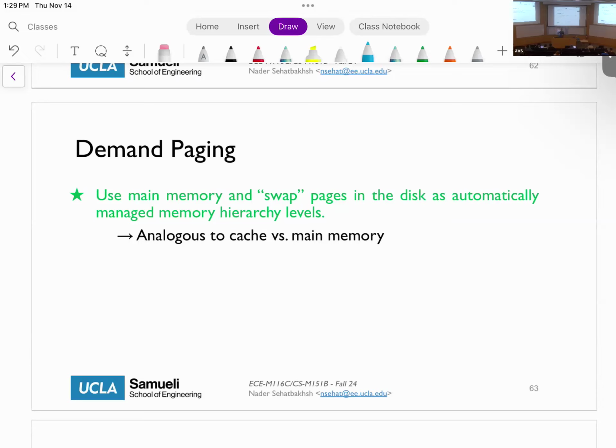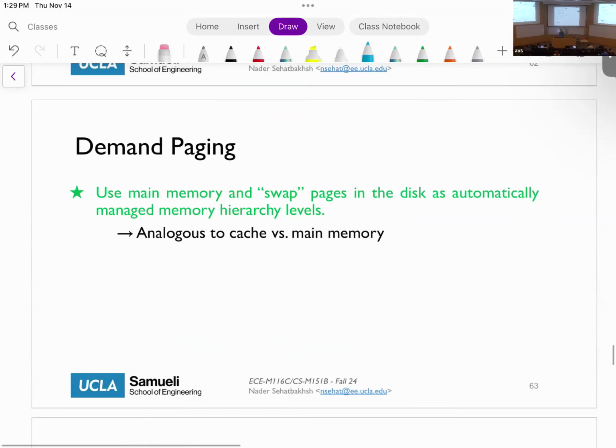This is what we call page swapping, which is you essentially fill your DRAM with pages that you have. When it's full, you kick one out and then swap it with the desired page from the disk. The idea is very similar to caches, right?